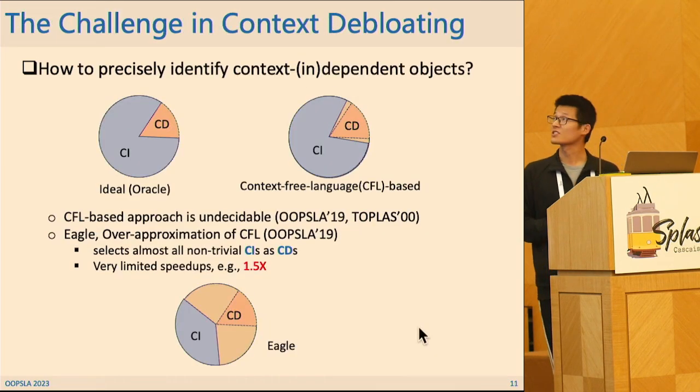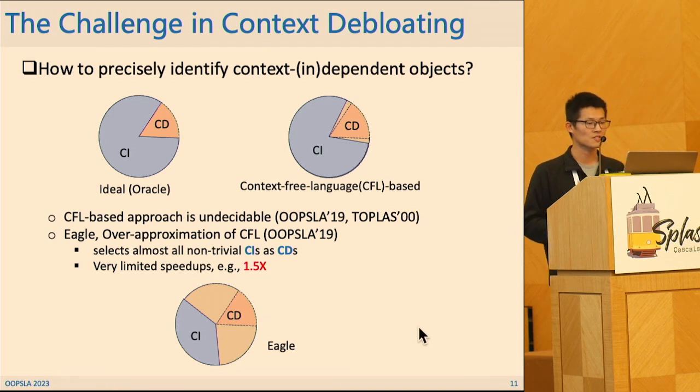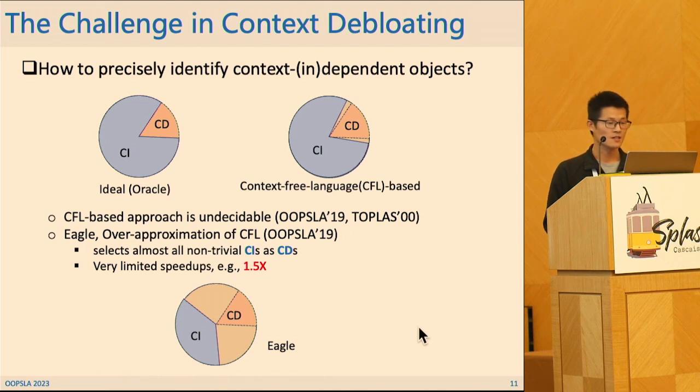But the challenge in context-debloating is how to precisely identify context-dependent and context-independent objects. In our previous publication, we proposed a context-free language-based approach, which is theoretically undecidable.